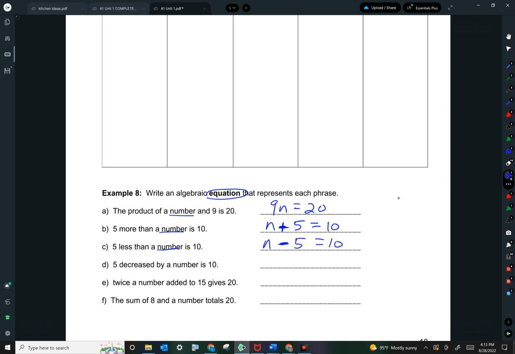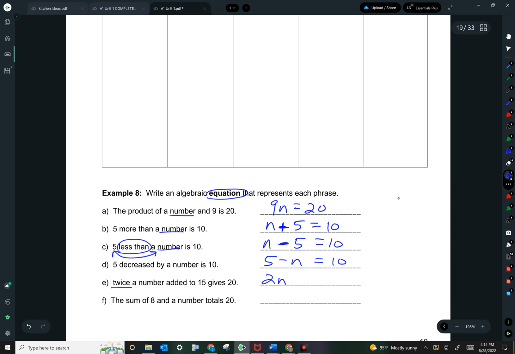5 decreased by a number. Now remember, up here on less than, we wrote it as n minus 5, but decreased, you don't switch the order. This would just be 5 minus n. So 5 minus n is 10. Twice, that means times 2.